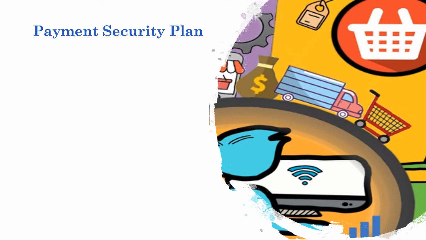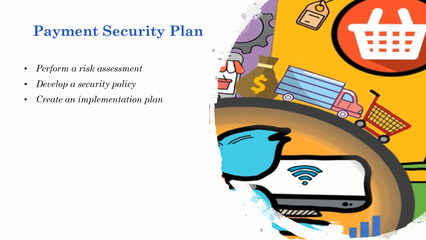The payment security plan. The key steps in developing a security plan include performing a risk assessment, wherein you assess the risks and the points of vulnerability; developing a security policy, wherein a set of statements prioritizes the information risks, identifies acceptable risk targets, and identifies the mechanisms for achieving these targets.